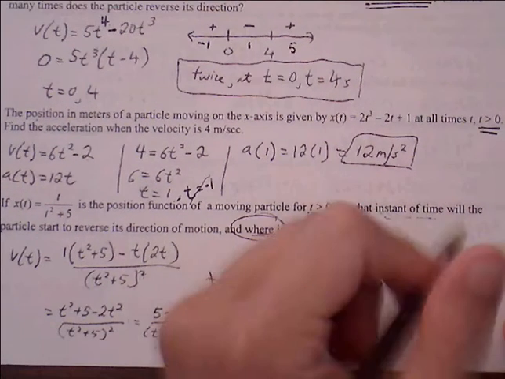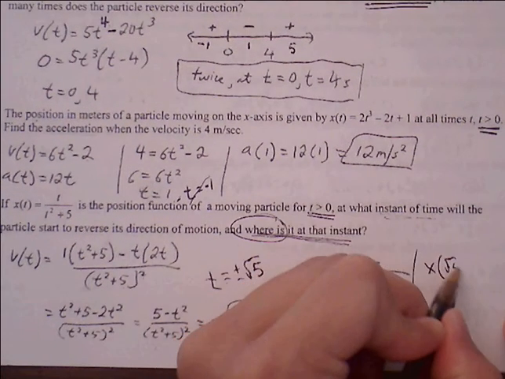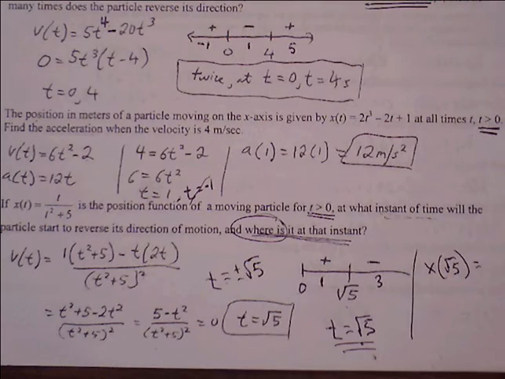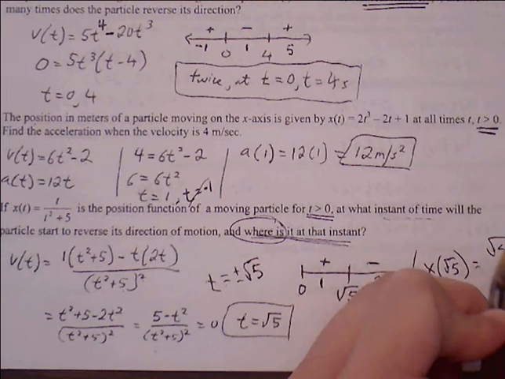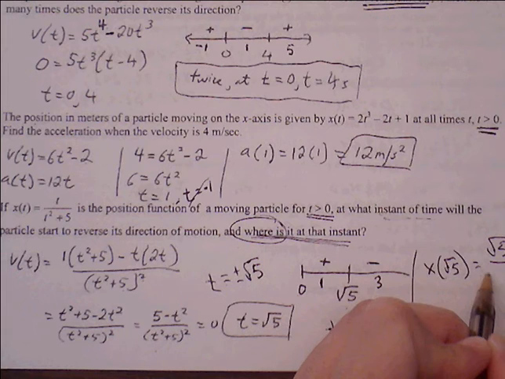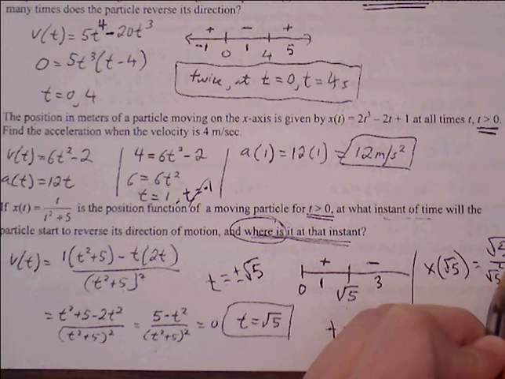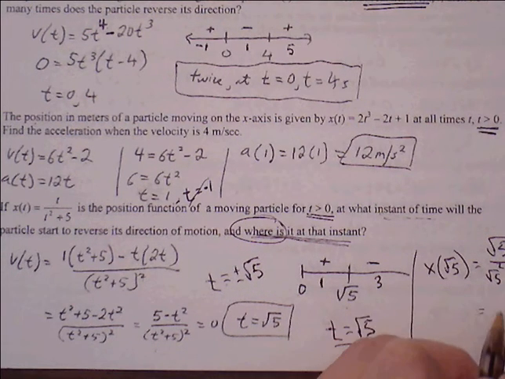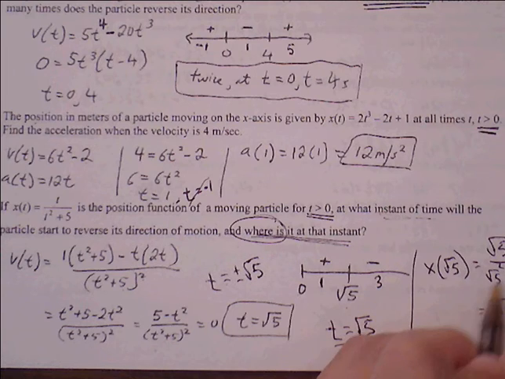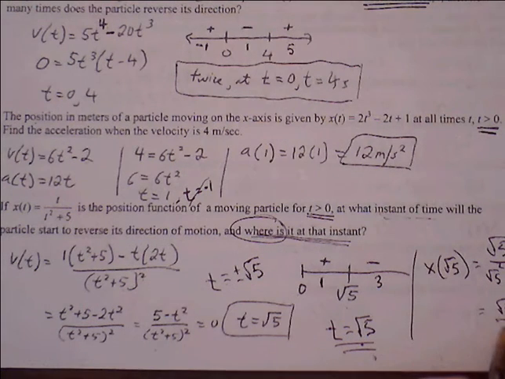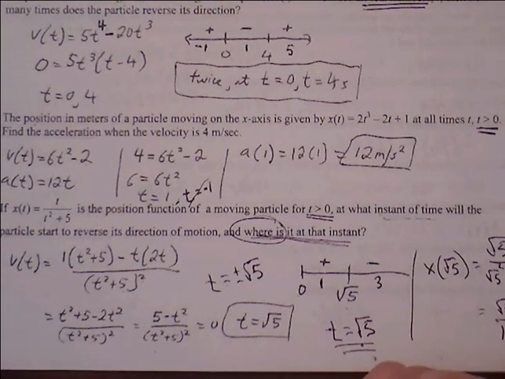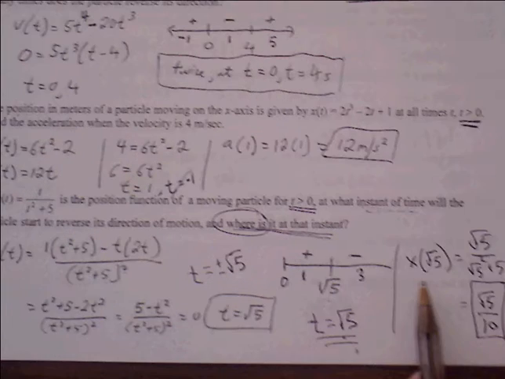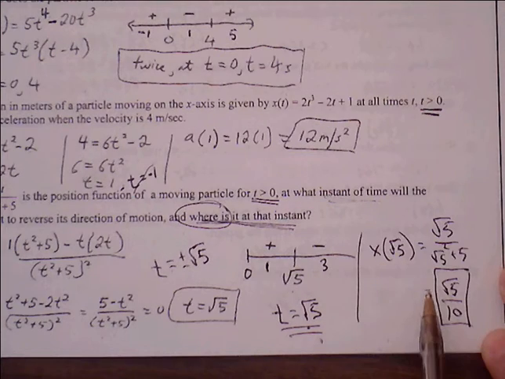So if we do x of root 5, plugging root 5 into the position function, we get root 5 over root 5 squared plus 5. So that's root 5 over, root 5 squared is 5, 5 plus 5 is 10. So root 5 over 10. So the position at this moment in time will be root 5 over 10.